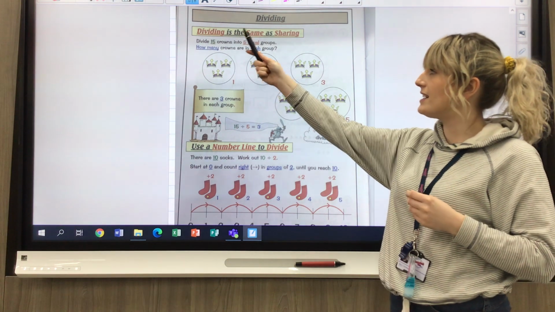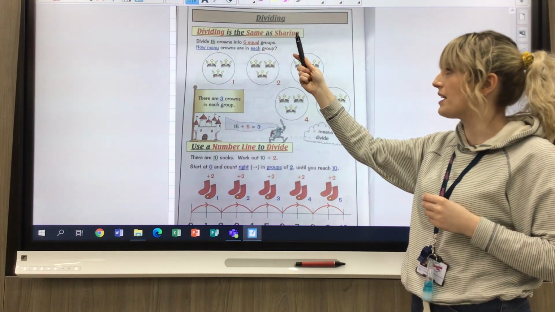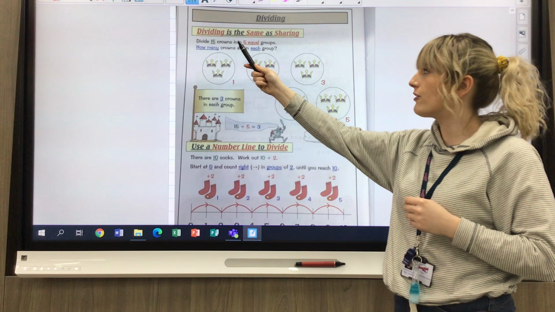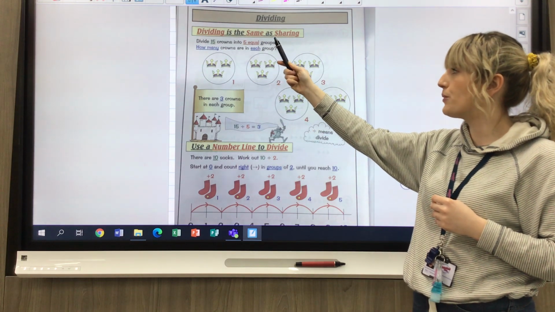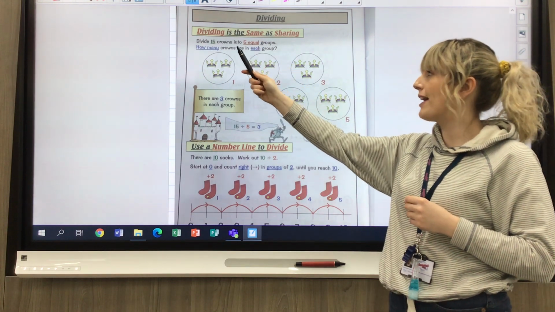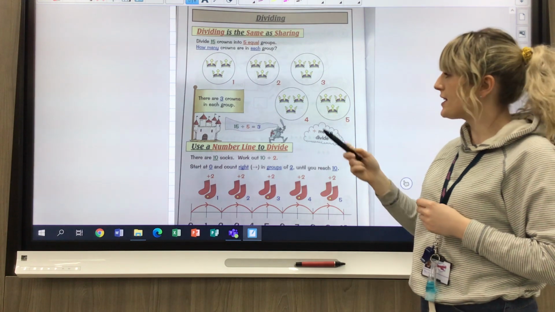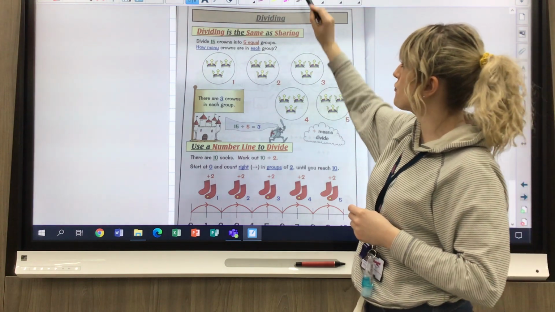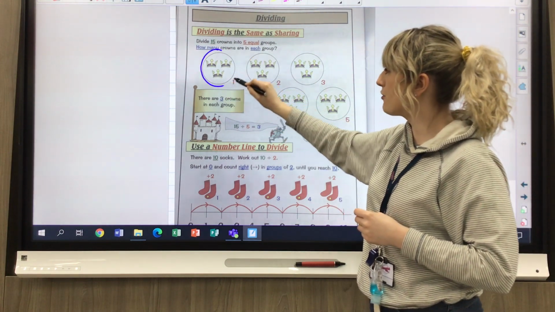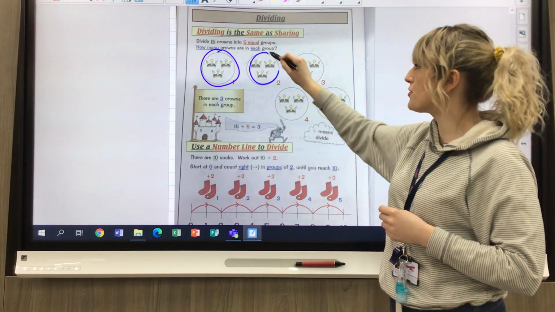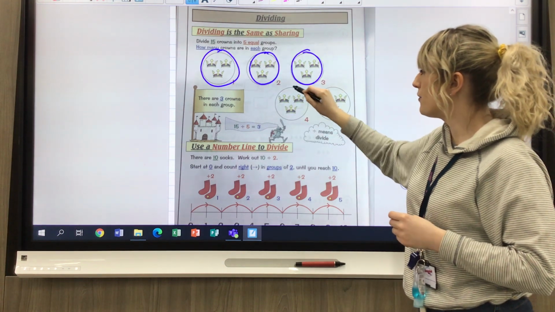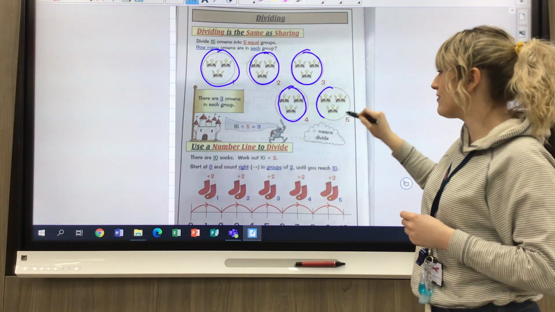So it says dividing is the same as sharing. Divide 15 crowns into 5 equal groups. How many crowns are in each group? So you can see, and I'll just draw over this, you can see the groups here. So 1, 2, 3, 4, 5 groups.